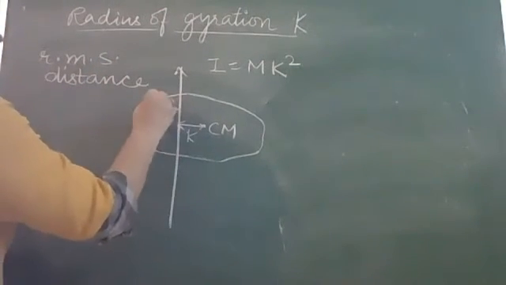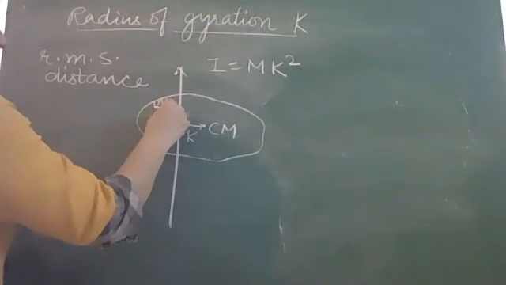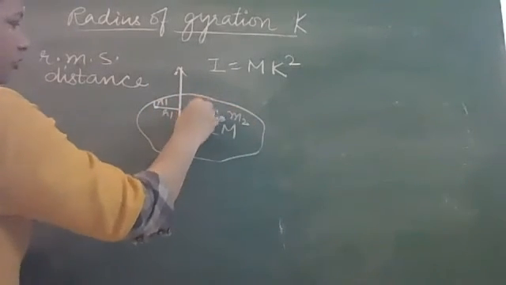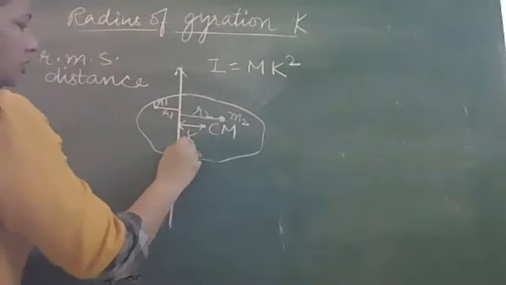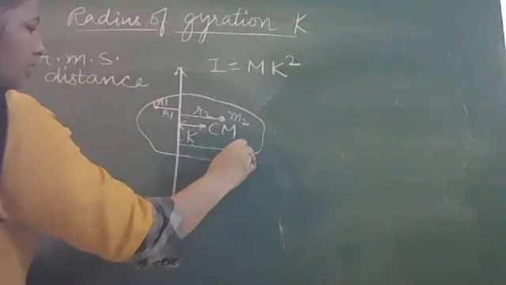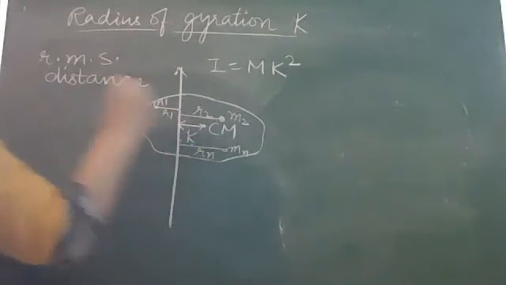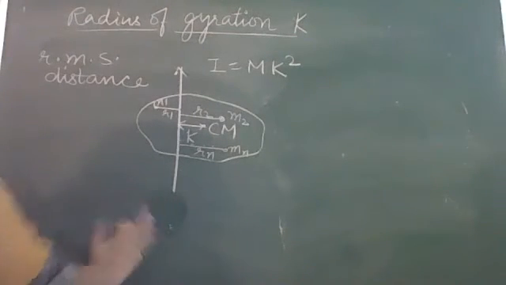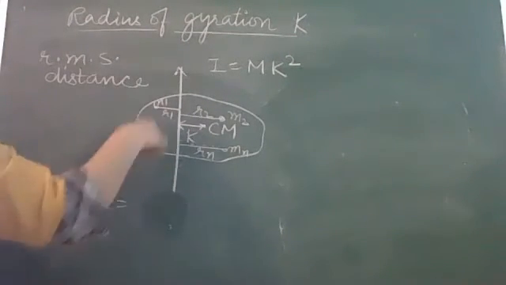Suppose this is our M1 particle at a distance R1. This is our M2 particle at a distance R2 from the axis of rotation, and so on. This is our nth particle with the distance Rn from the axis of rotation. So how can I write moment of inertia in terms of this?